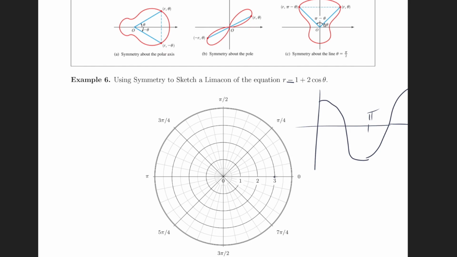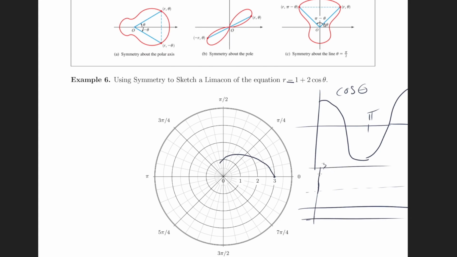And then by the time we hit pi over 2, we're going to be at 1. So it's going to slowly crash into 1, right? Because here, this is my cosine of theta, and I'm going to add 1 to that. So if I add 1 to 2 times cosine theta, let me draw that for you. Here I'd have a line at 1, and here it'd be at 3, and then here's that negative 1.